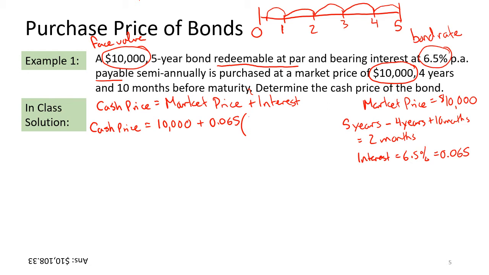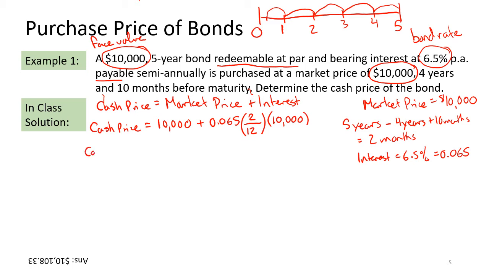So in other words, 2 months divided by the total number of months in the year, which is 12. Remember, think back to our previous lesson when we looked at the number of days in a year when we were calculating interest on a mortgage. So 2 months divided by the 12 months in a year. And again, remember, interest is calculated on the face value. In this case, the face value is the same as the market price, or $10,000.